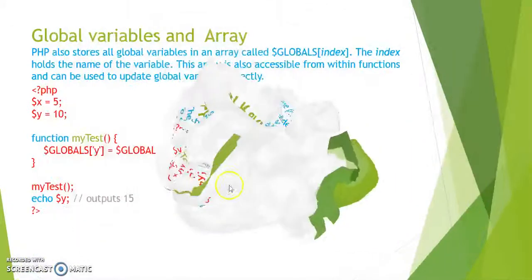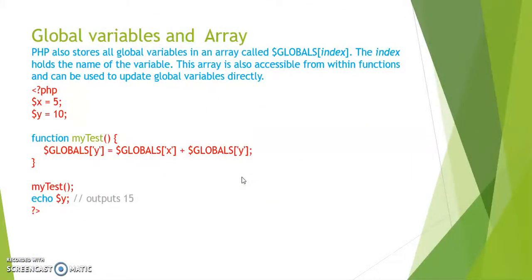Alright? So let's go ahead and see other ones. Global variables and array. PHP also stores all global variables in an array called $GLOBALS[index]. The index holds the name of the variable.